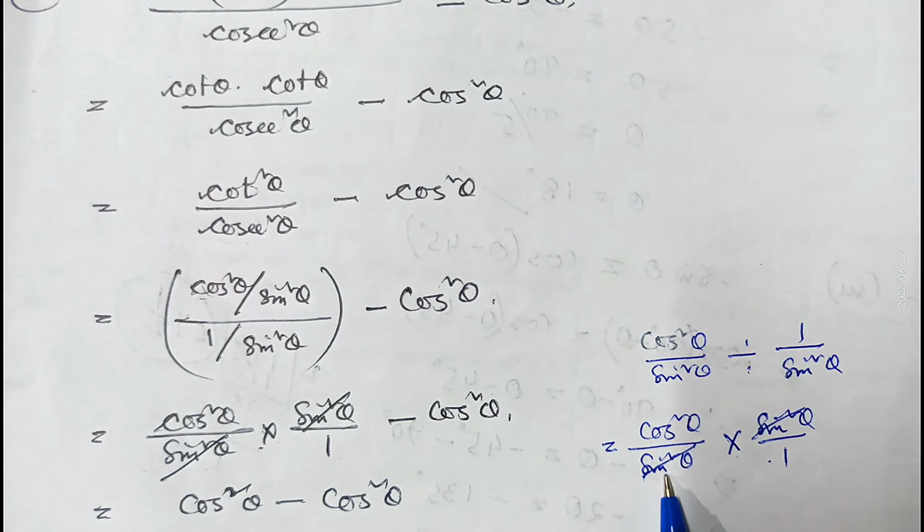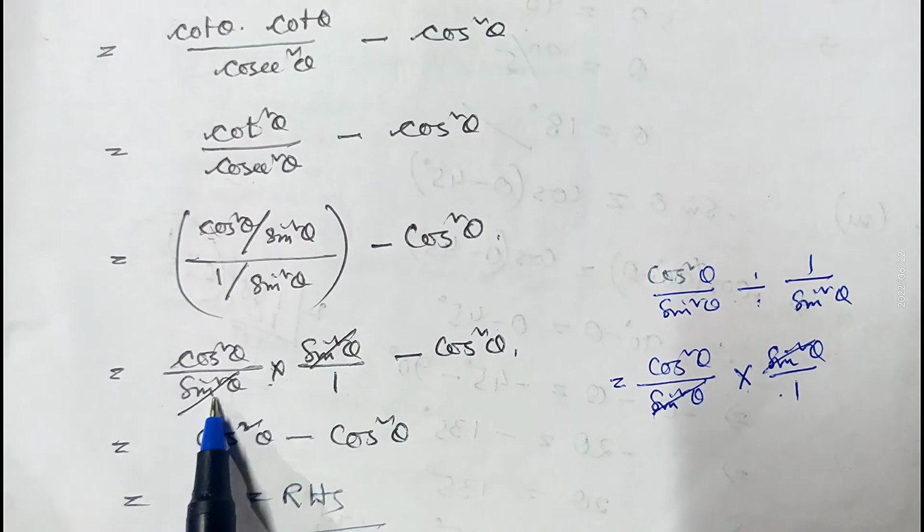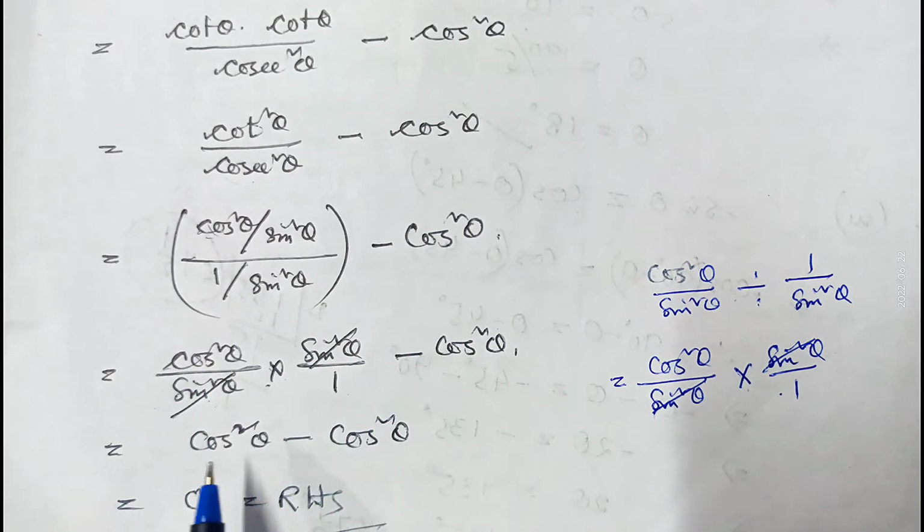This sine square and this sine square will be cancelled. So as a result, we are going to get cos square theta. It will be cos square minus cos square, and cos square theta minus cos square theta will be 0, which is the required right hand side.